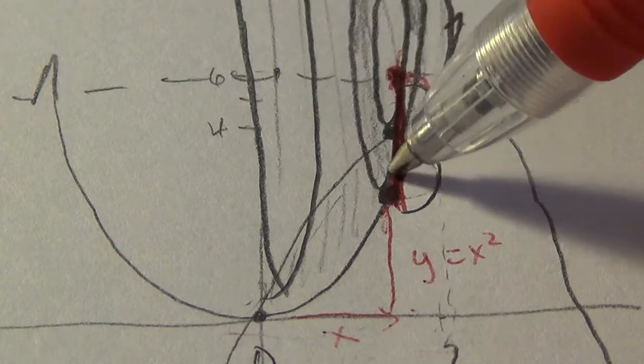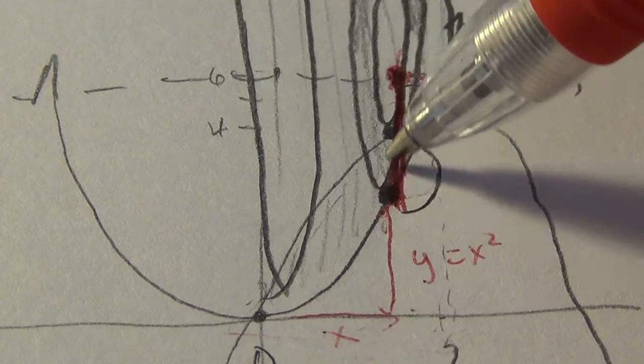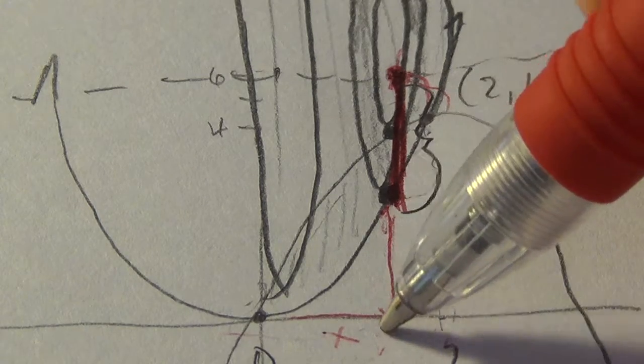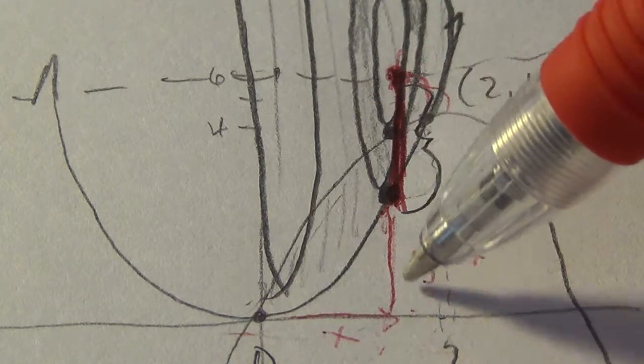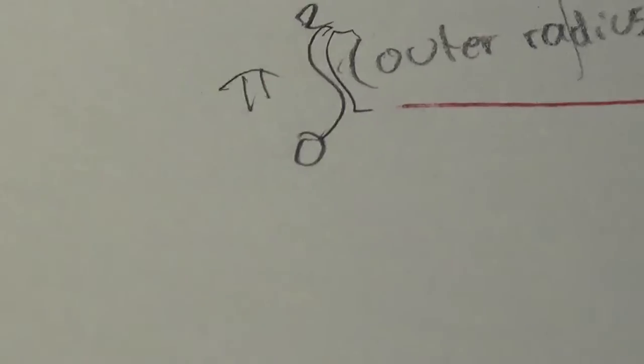So do you see that this thickened red radius is 6 minus y, this distance, which is, remember, I went over x and up y. So I'm going to call it that.